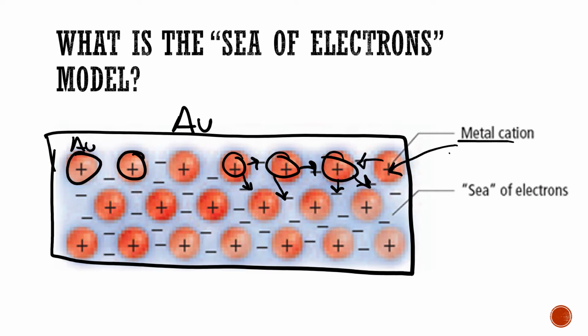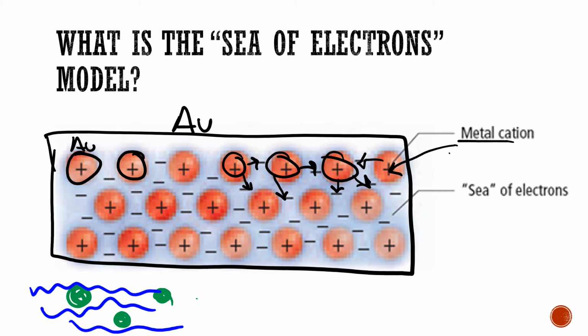The way that I like to think of it is kind of like a world with islands. So we have a bunch of green islands that are your metal cations, and then the valence electrons are the water in between them.